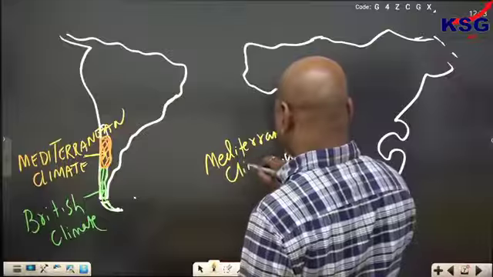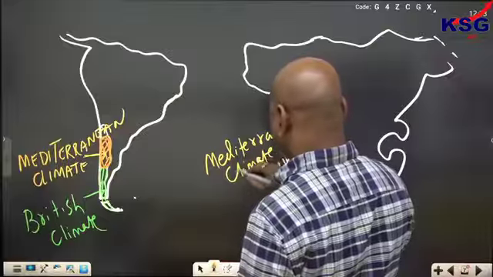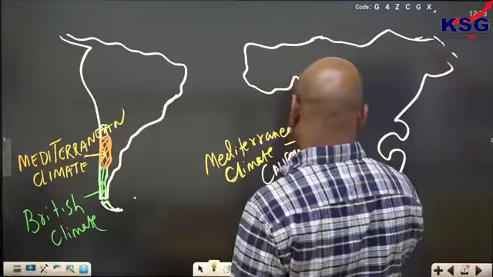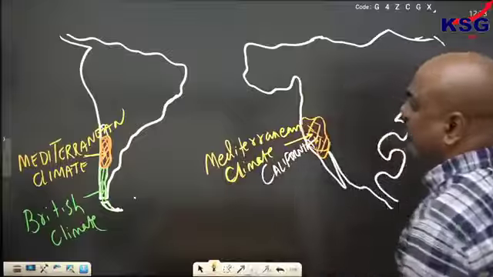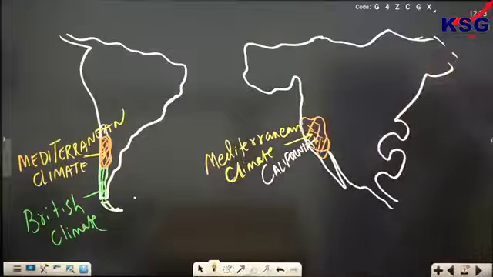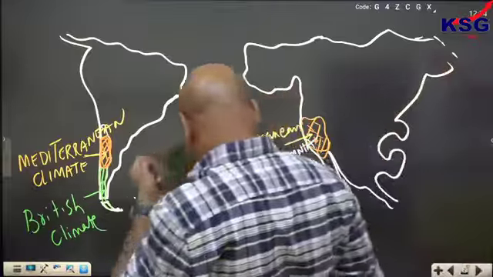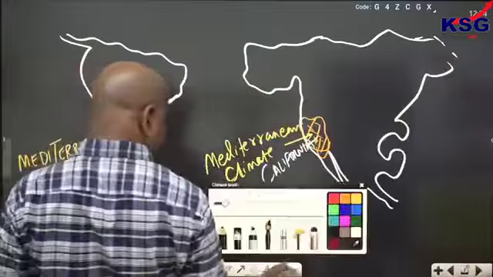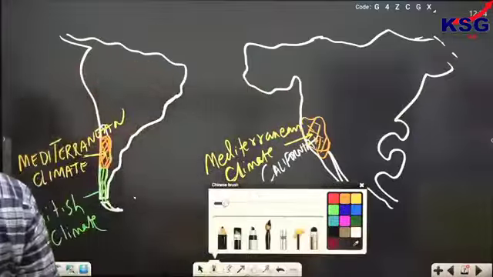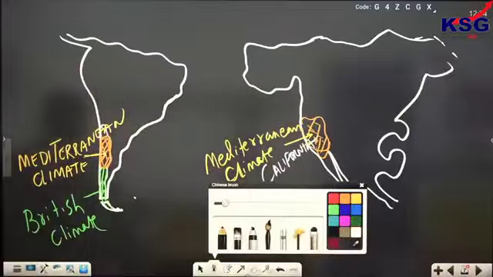Mediterranean climate is found here in the California regions. Is it clear? Mediterranean climate is here. Okay. Next one.